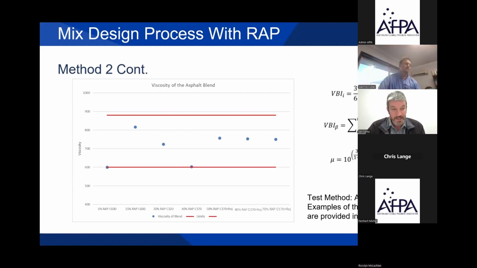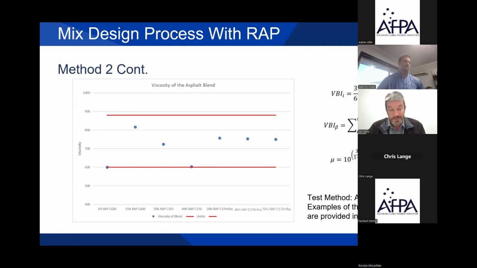As you can see on the left-hand side, 0% RAP is right at C600. If we put 15% RAP in, keep in mind that we don't do any other controls, it does increase the viscosity, but still well within the expected range. And when we go to 30% RAP, as per method one, using a C320, we're back in the middle of that range.